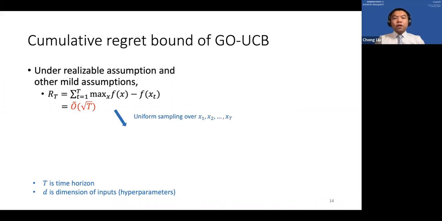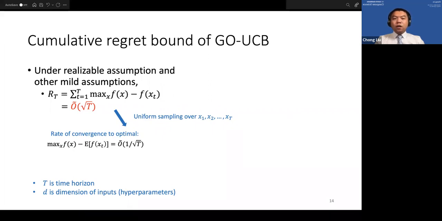It means that if I do the uniform sampling over the outputs of all the X1 until the X big T, the big T here is the total time horizon, then the rate of convergence to the optimal point is over the rate 1 over square root of T. How can I achieve this? Please pay attention.